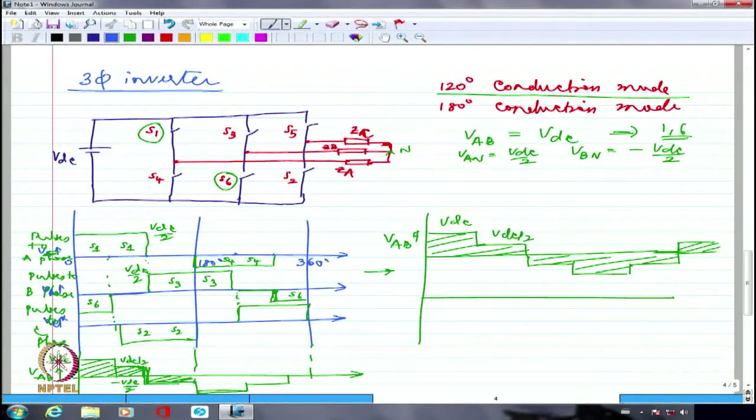So if I want to look at what is VAB, I have to essentially subtract VBN from VAN. VBN is 0. So VAN, whatever is the value, which is VDC by 2, that is coming up. Right? But minus VDC by 2 is also there.